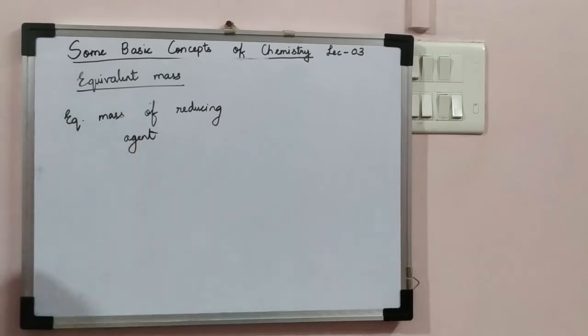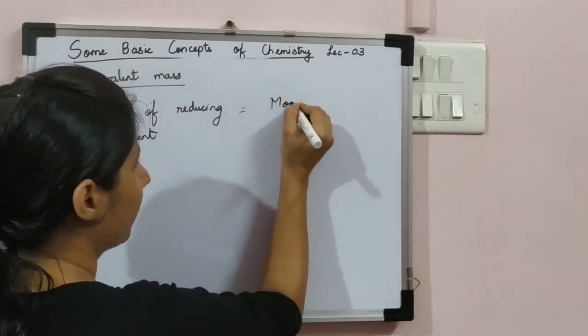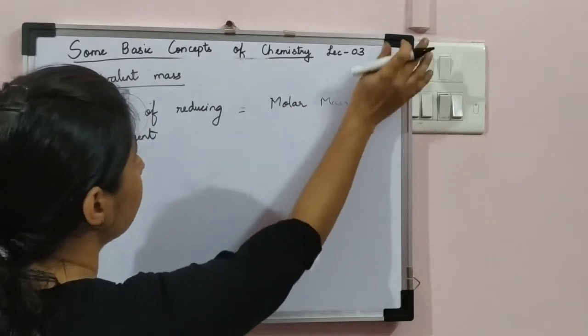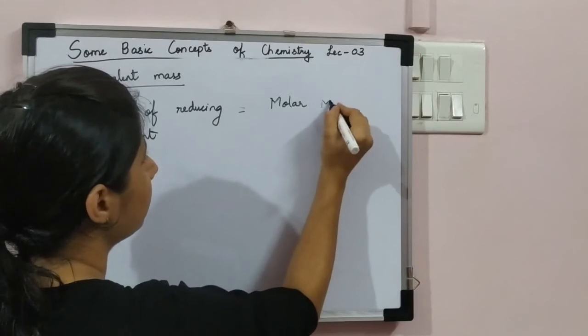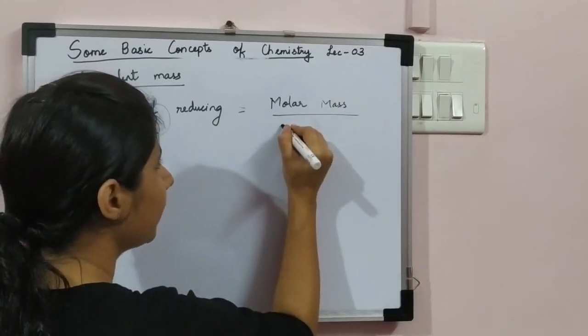So if I have to calculate the equivalent mass of a reducing or an oxidizing agent, that will be the formula mass upon the number of electrons lost or total change in oxidation number. So molar mass upon the total number of electrons lost.